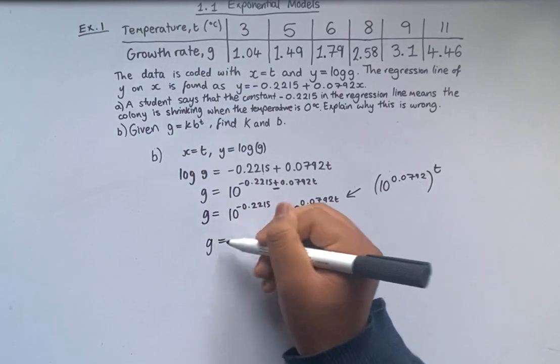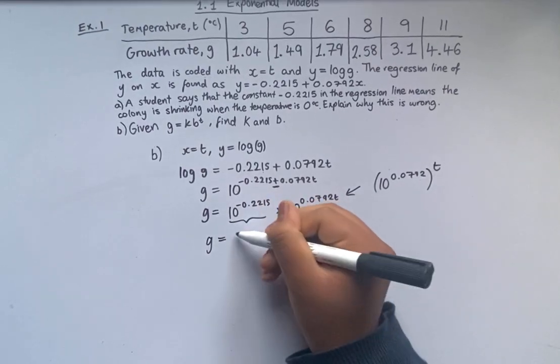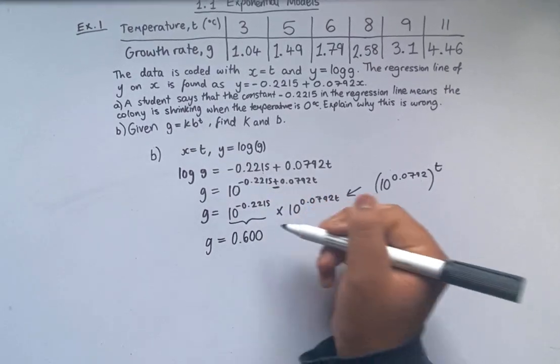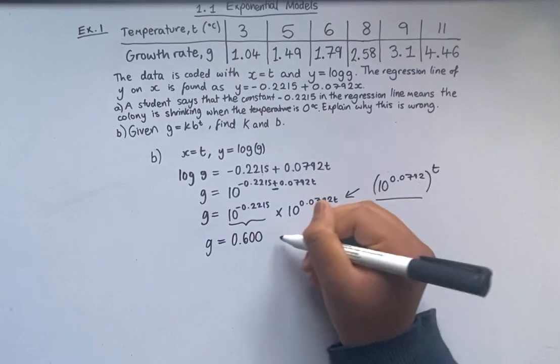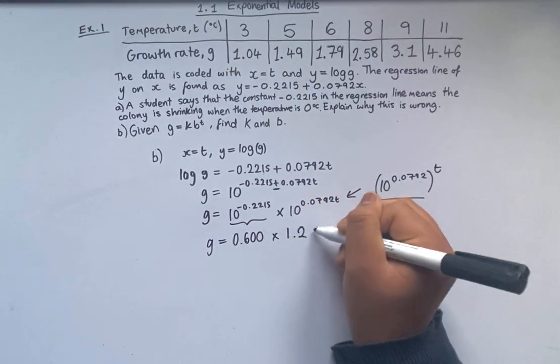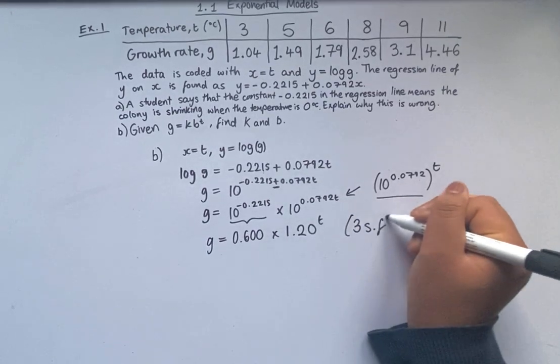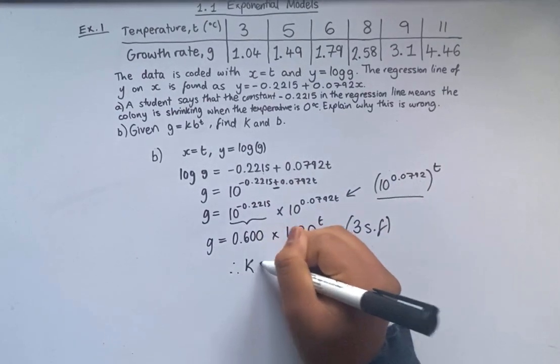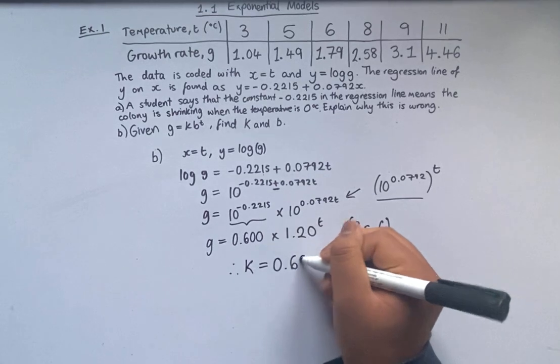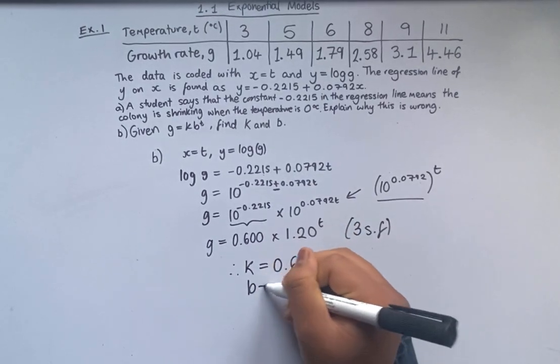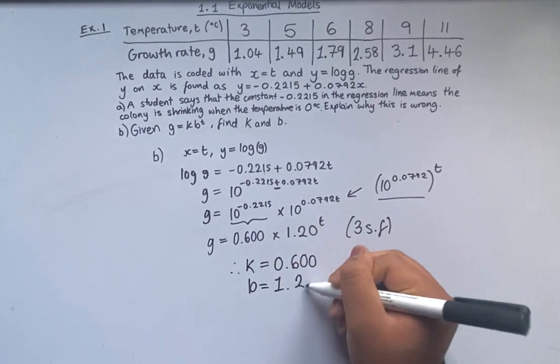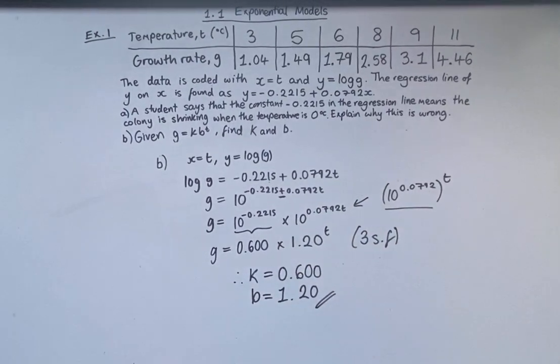And then g is equal to, this from the first part we already got is 0.600, and then this evaluates to about 1.20 to the power of t, both of them to 3 SF. And so therefore, your k is equal to 0.600, and your b is equal to 1.20. And that's about it.